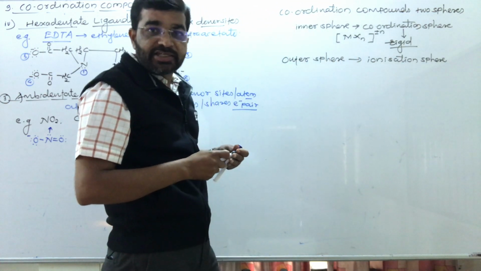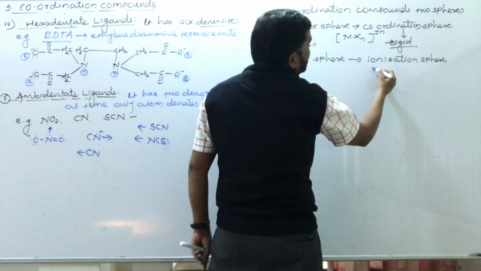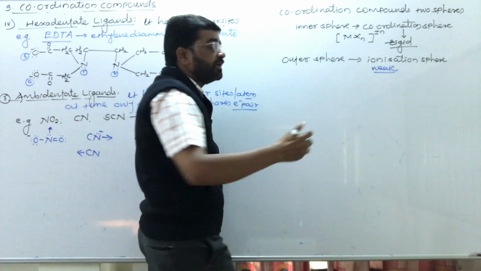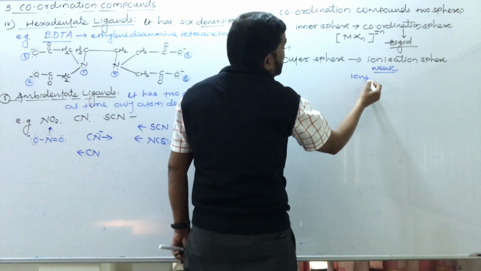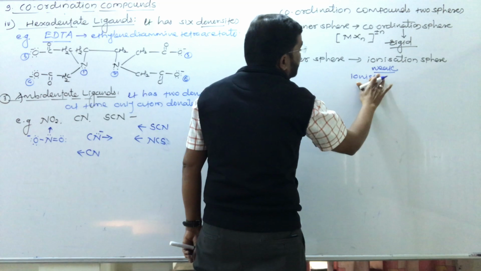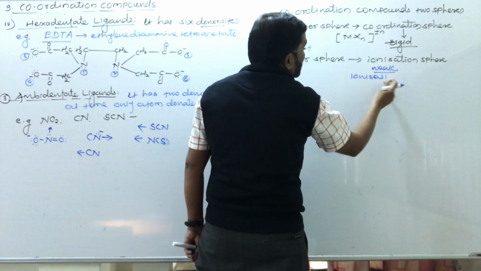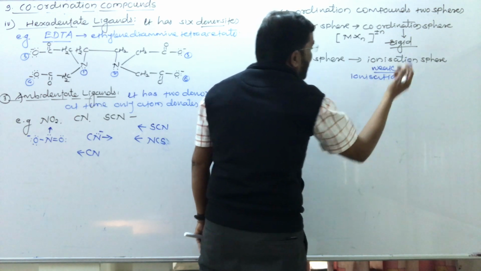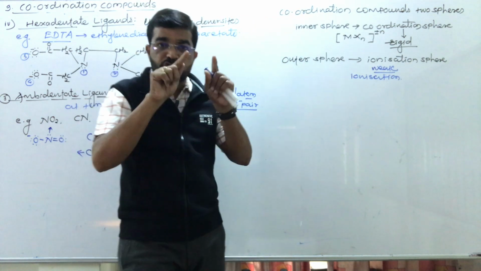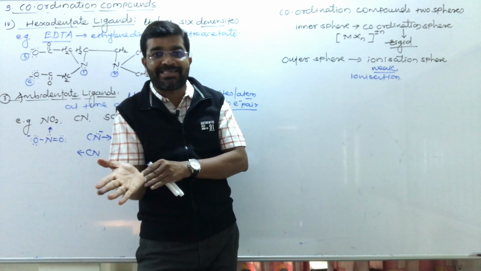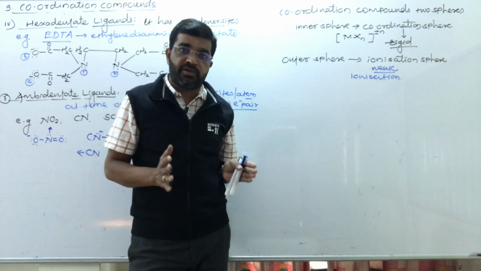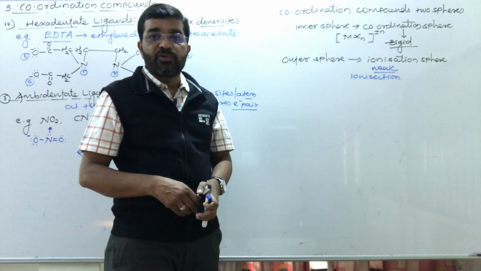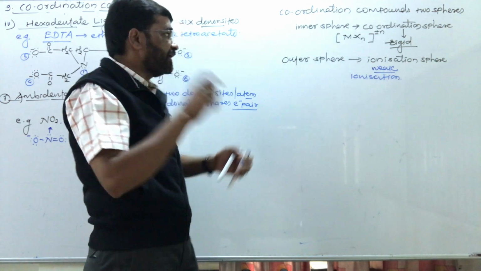In this ionization sphere the bond is weak. It is not rigid. It undergoes ionization. That is, whatever species are written outside the square bracket, that is the ionization sphere. And whatever species are inside the square bracket, that is the coordination sphere, the inner sphere.